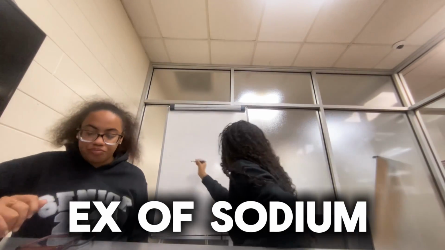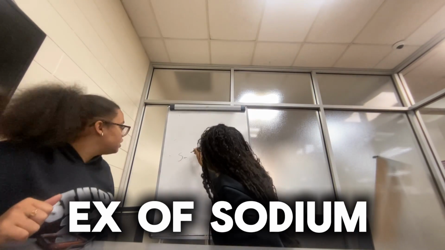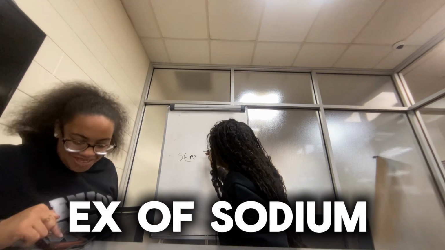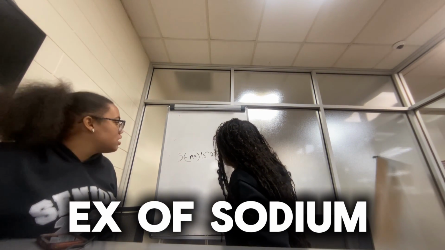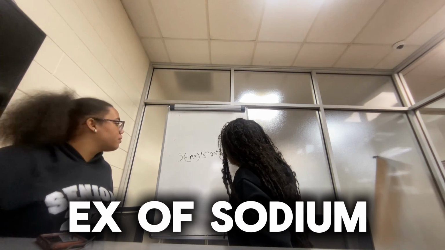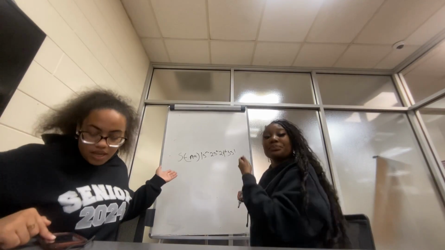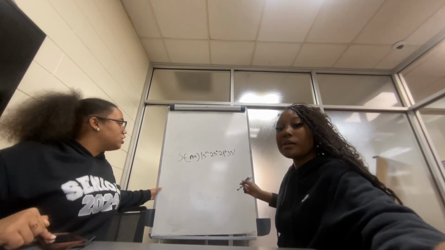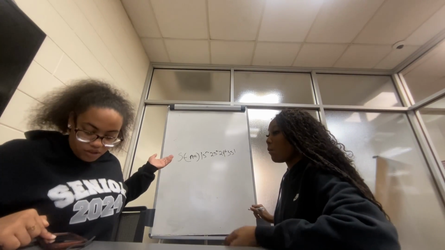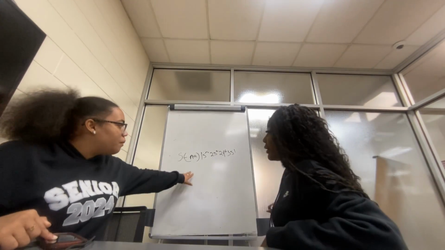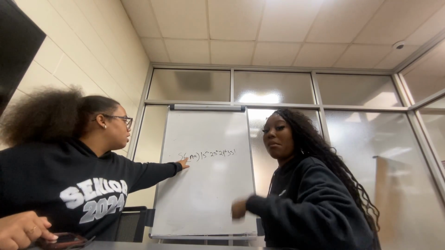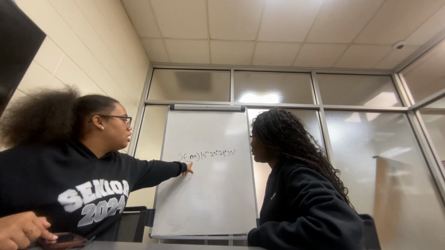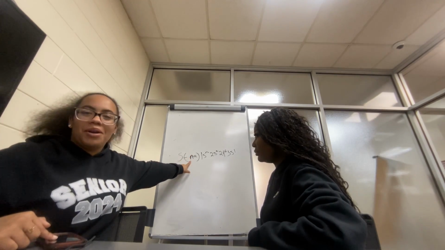So this will be the electron configuration of sodium. Each number basically breaks down sodium, and this will be the symbol on the periodic table.